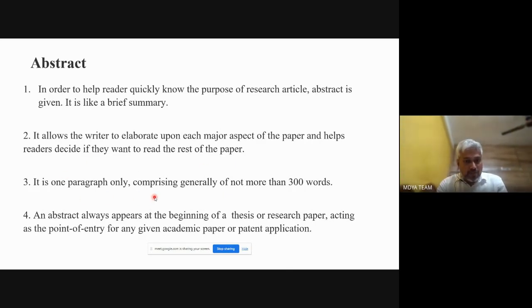It is one paragraph only, generally not more than 300 words. An abstract always appears at the beginning of a thesis or a research paper, acting as the point of entry for any given academic paper or patent application.